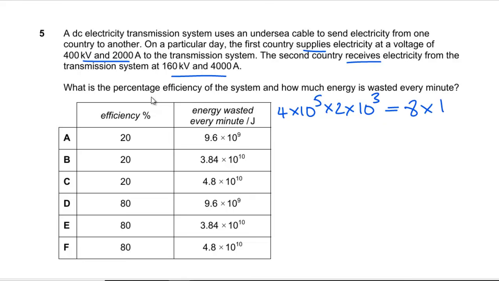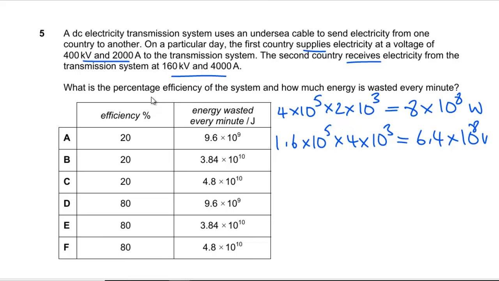So we're supplying 8 times 10 to the 8 watts. And we're receiving 1.6 times 10 to the 5 times 4 times 10 to the 3, which is 64. So 6.4 times 10 to the 8 watts. So we're losing 16 there, or 1.6 out of 8. So we're losing a fifth of it.